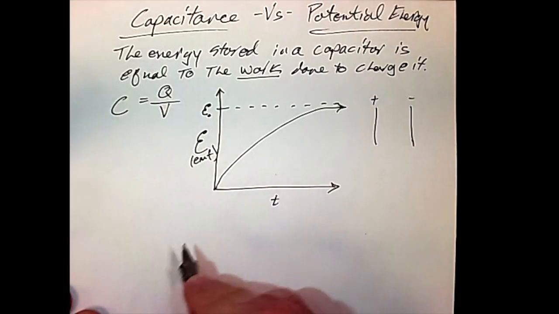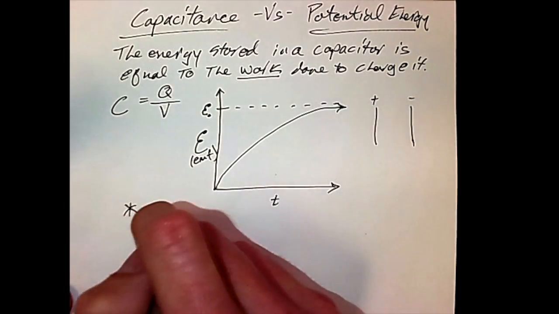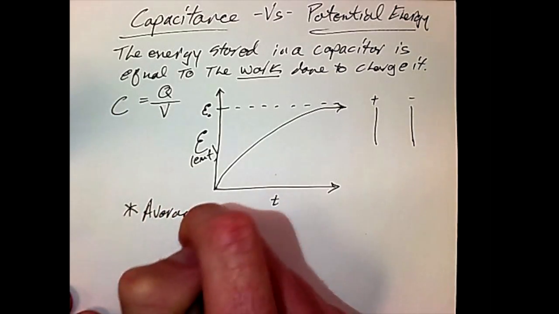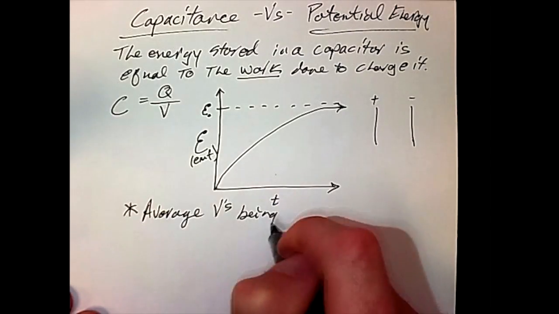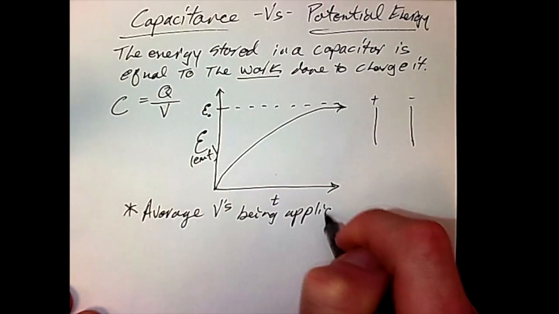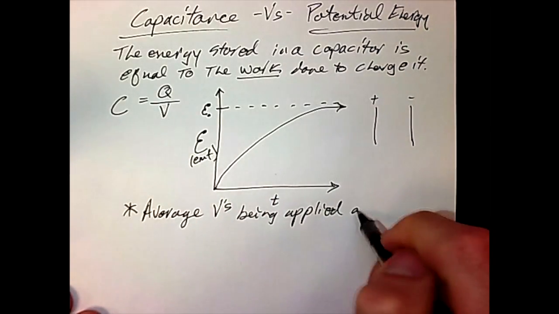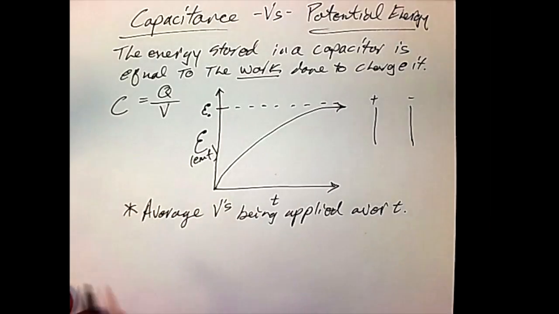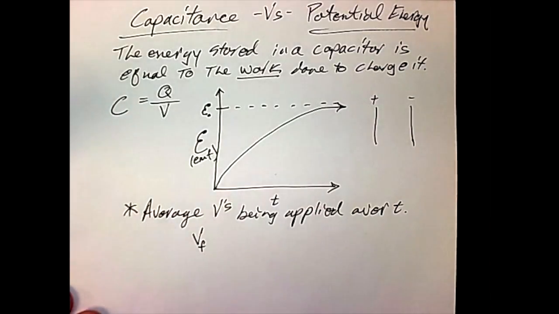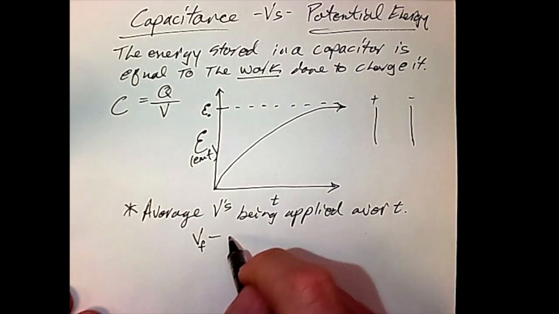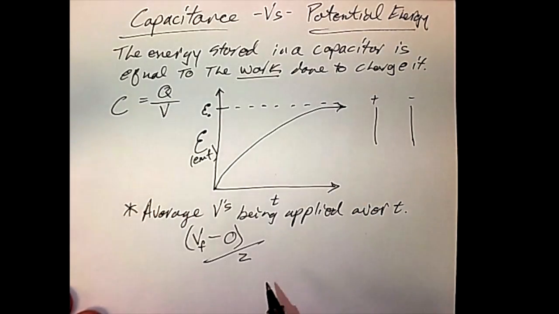In order to properly calculate the work, we first need to average the potentials being applied over the time in order to properly account for the difference from beginning to end. So if we think about the final voltage, VF, or the EMF in this case, minus the original, which in most cases would just be 0, averaged over those two values would be half.